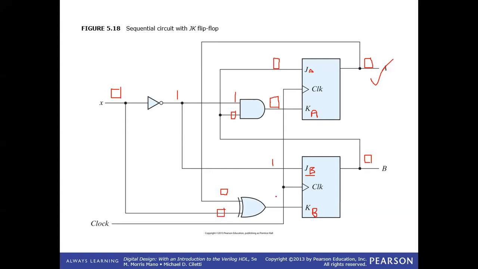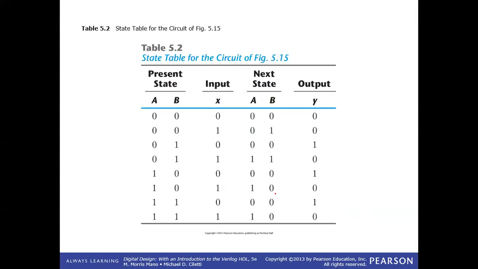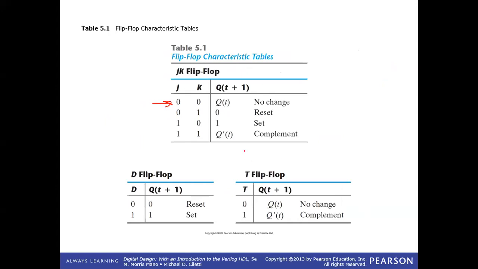So a 0 over here. So for JB and KB equal to 1, 0, it is the set state. This is 1, 0, and this is very good. This is the set state. Is that right? Yes, sir. Any confusion still now? No, sir.